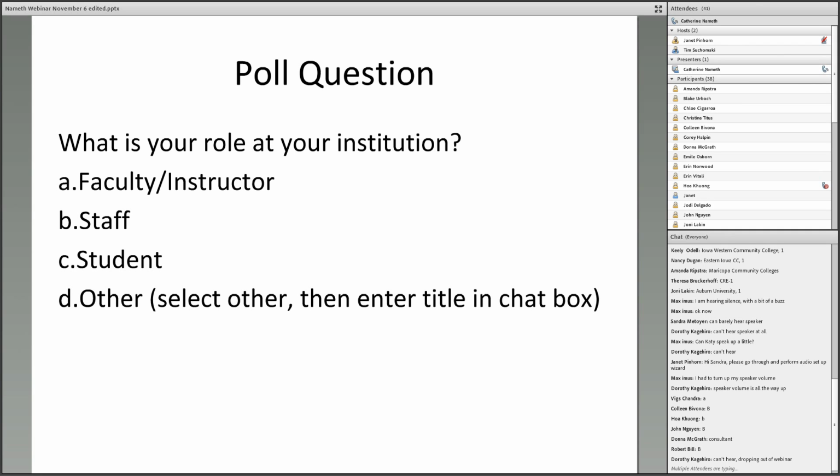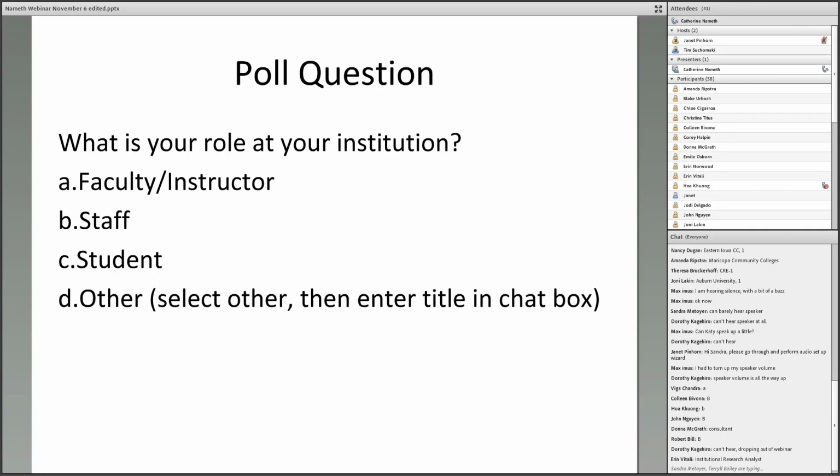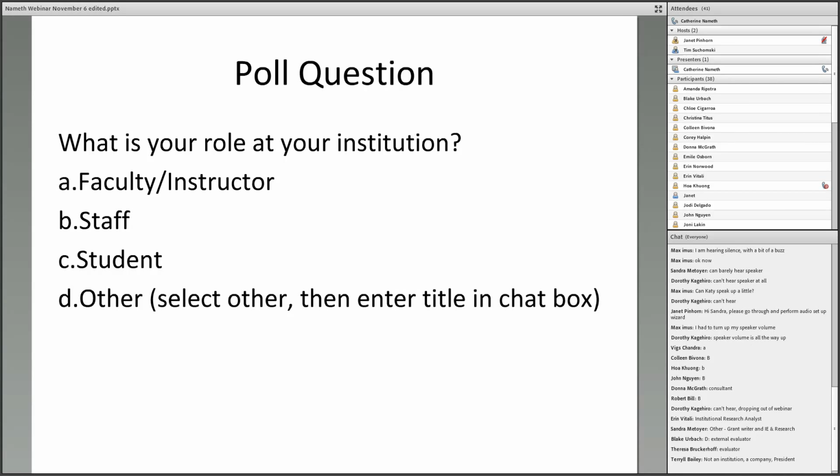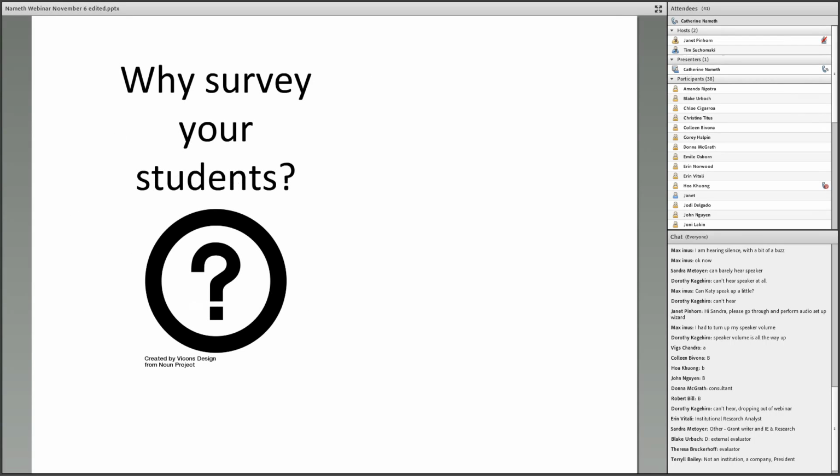Okay, great. So I see that we have a lot of staff people like myself, but also a smattering of other faculty instructors, as well as consultants and research analysts, as well as external evaluators.